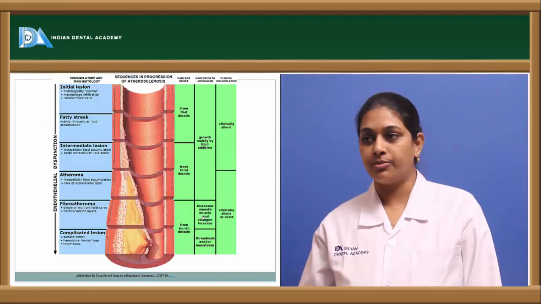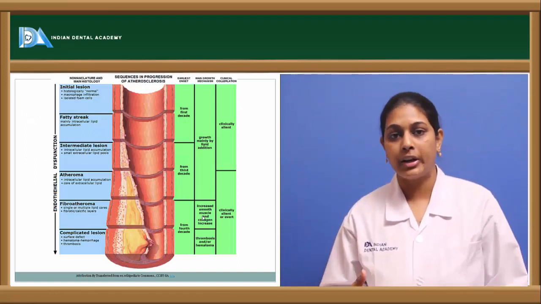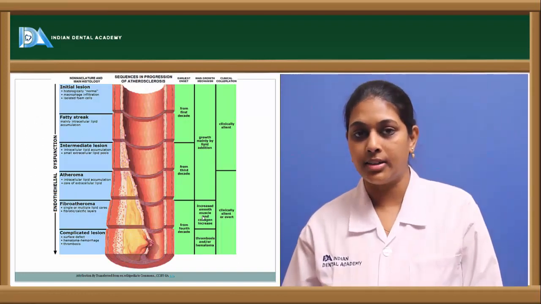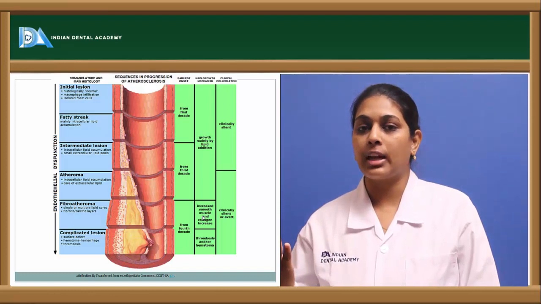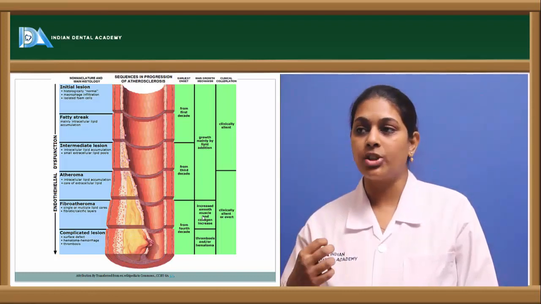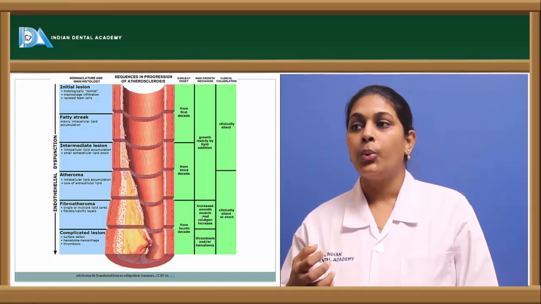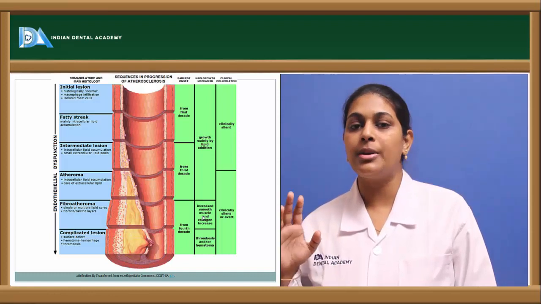Coming to how an atheroma forms initially on endothelial rupture or any endothelial damage. As in the picture we can see on the left side, initially it is known as lesion formation, in the form of a fibrofatty streak or dot, where the endothelium is normal.